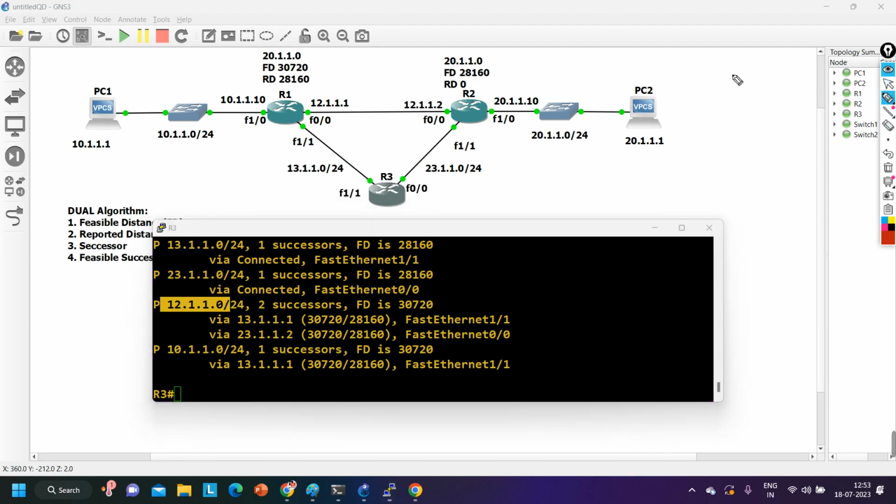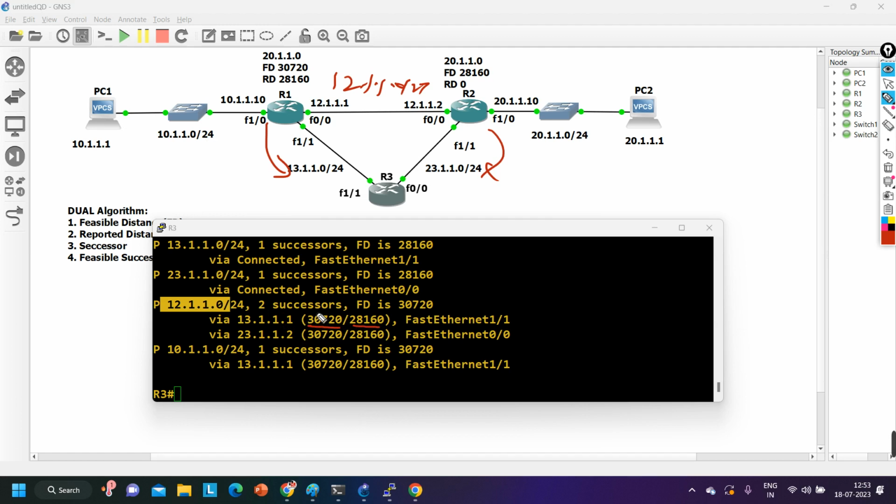Done. So now again let me explain the scenario. See, the scenario is here we have the 12.1.1.0/24 network, router 1 and router 2 both are advertising this network. Yes or no? Yes. And when router 3 is advertising, that time the metric is this one, this is FD and this is RD. The first value is FD, the second value is RD.